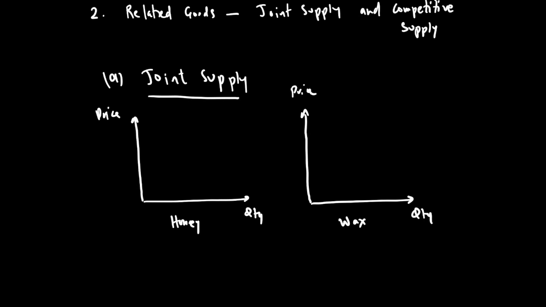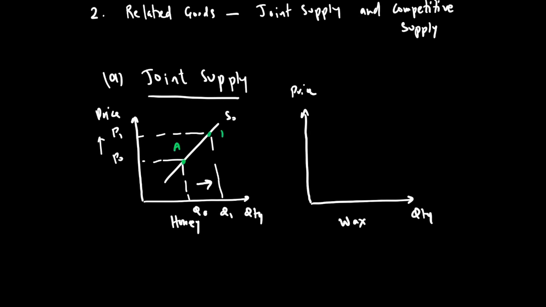So if for some reason there is more production of honey, like suddenly people are demanding more bees honey, and the firms are producing more because of a better price due to maybe higher demand, so there's higher production of bees honey.